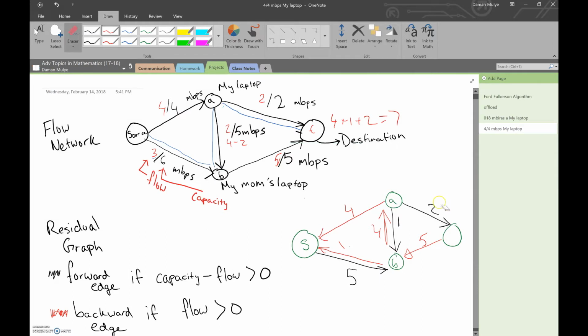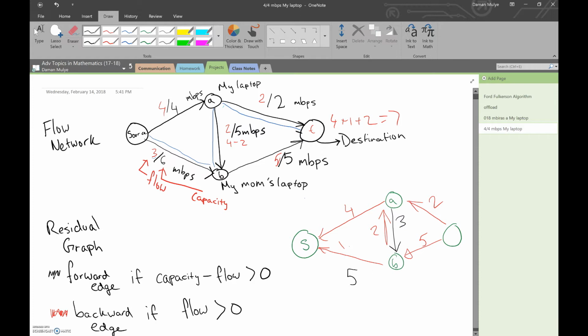So I'm going to quickly update the residual graph just to confirm that the answer that I believe is correct now is true. So I'm sending 2 megabytes that way, and I'm sending 2 megabytes this way, and 3.